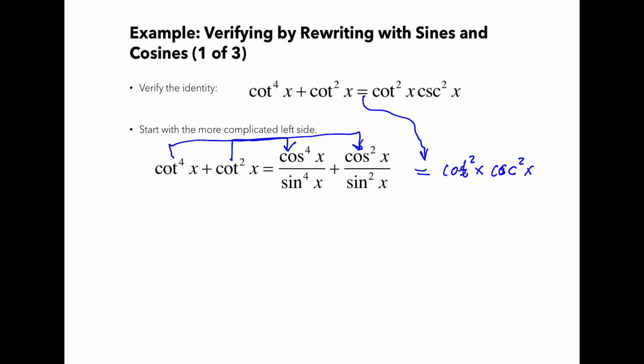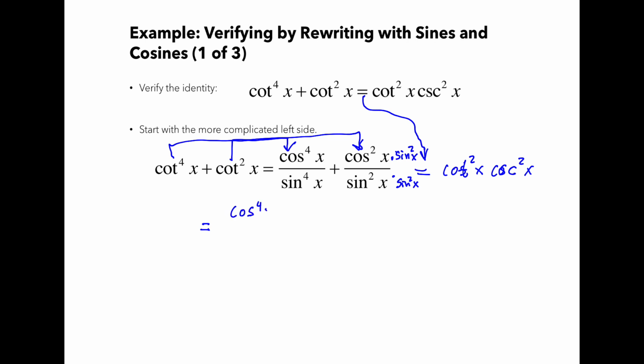And the obvious answer comes by adding another sine squared x here, which will give us sine to the fourth power x. So we'll multiply the top and the bottom of that fraction by sine squared x. And that'll give me common denominators.